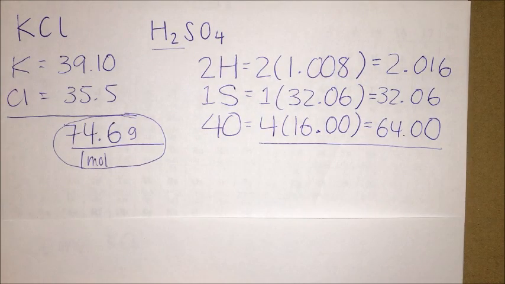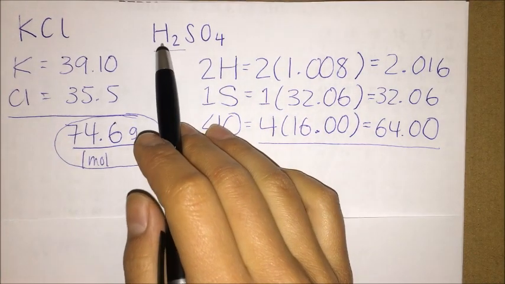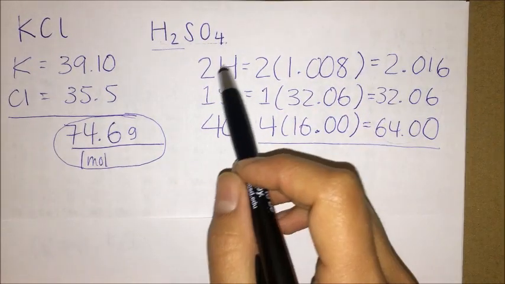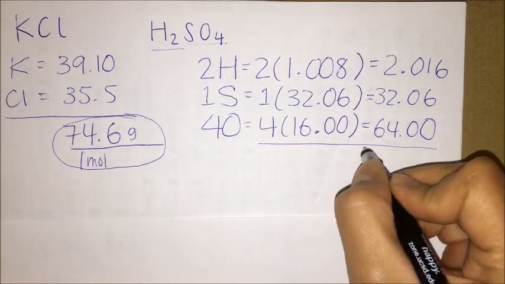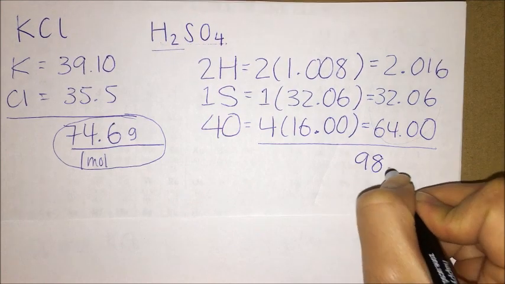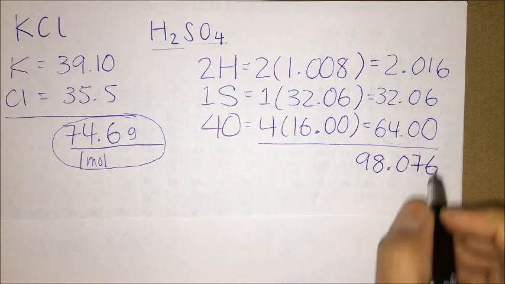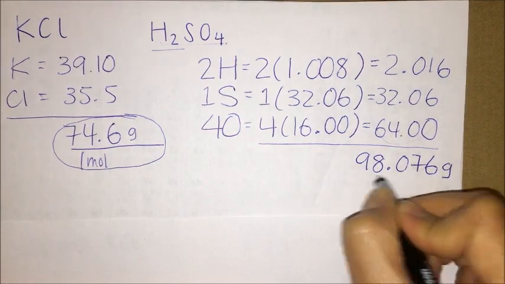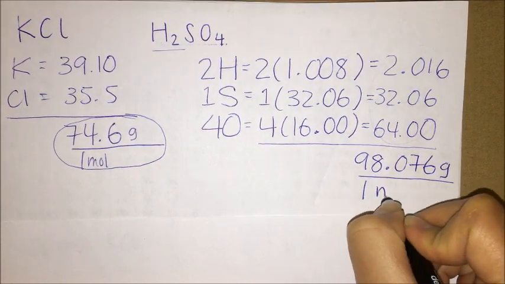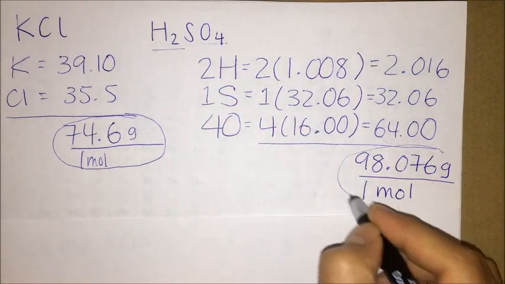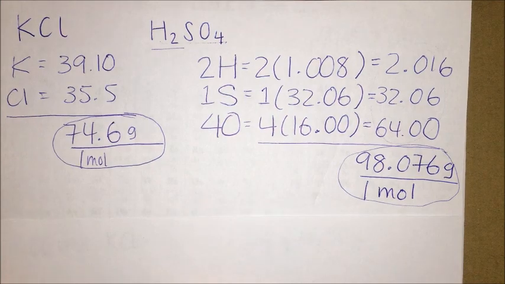To calculate the molar mass of sulfuric acid, you would have to add up all the individual masses of hydrogen, sulfur, and oxygen, which will be 98.076. What this number means is for every 1 mole of H2SO4, it is going to weigh 98.076 grams.